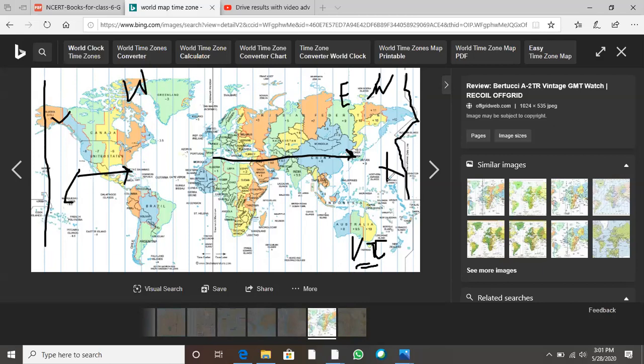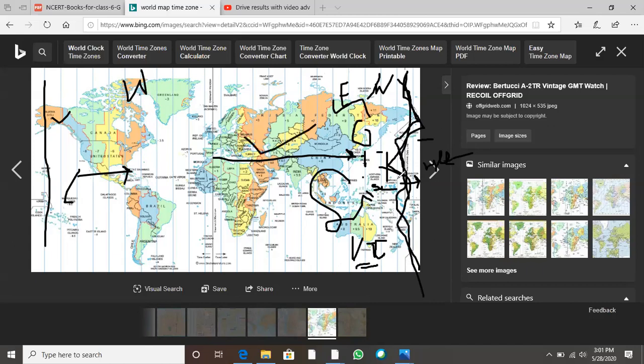In order to avoid this confusion, we have created this line. For example, here it's right now sunrise, it's morning, but if you go there, it would be night. So that people do not get confused, we have a line which separates the two. Here it would be totally day, and over here it would be totally night, because these are opposite hemispheres in the longitudinal extent.